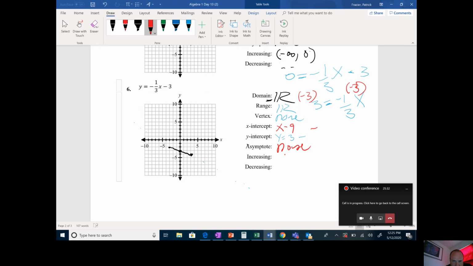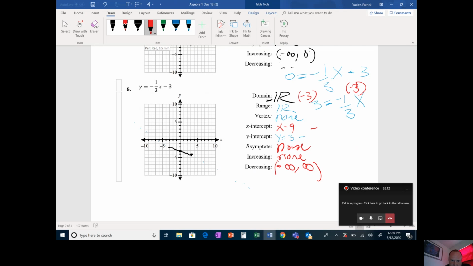Increasing: this thing is, as x gets larger and larger moving to the right, y just keeps getting smaller, so there is no increasing. None. But as x goes from negative infinity to positive infinity, y is getting smaller and going towards negative infinity, it's decreasing.